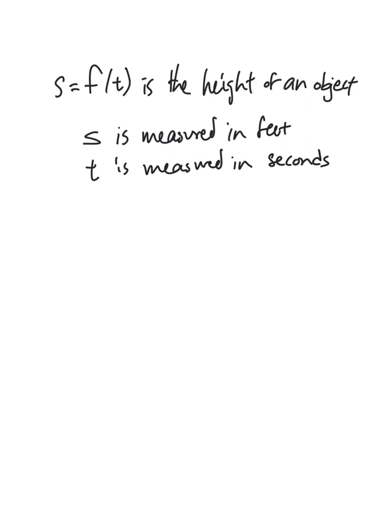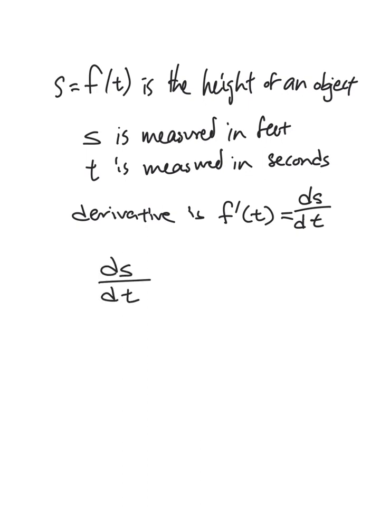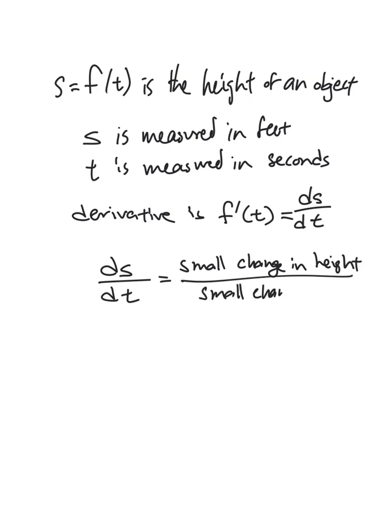So if we have this set up here, the derivative of this function is f prime of t, and in terms of this d notation, it's a small change in the output, which is s, divided by a small change in the input, which is t. So let me rewrite ds over dt: a small change in the output, which is height, over a small change in the input, which is time.